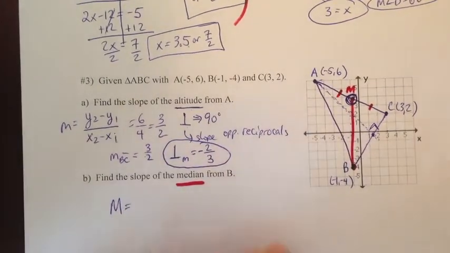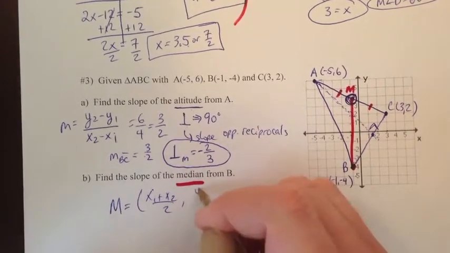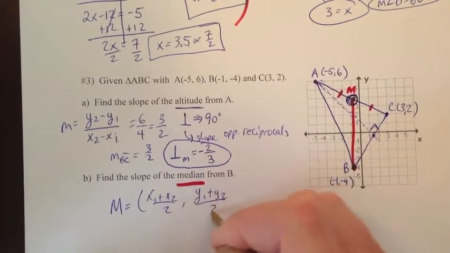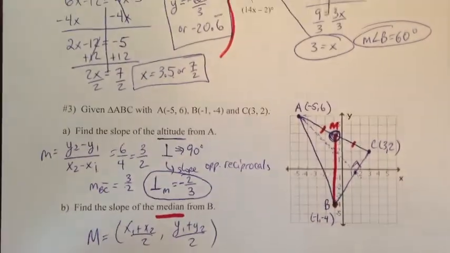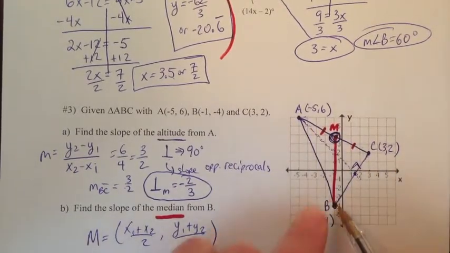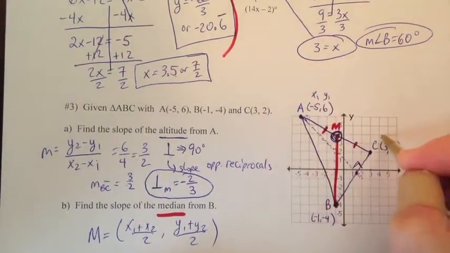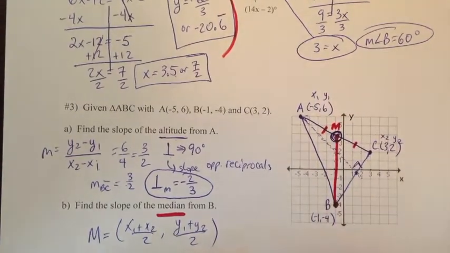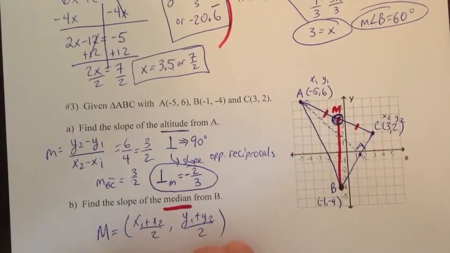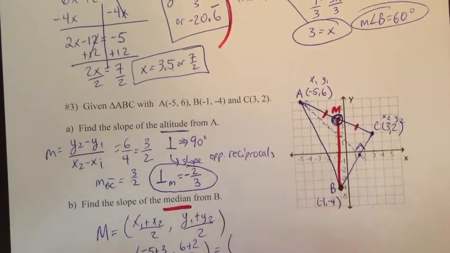So midpoint, capital M, x1 plus x2 over 2, comma, y1 plus y2 over 2. We're doing the midpoint of AC, of this segment. I'm not using the B here, not yet. So I'm going to label this x1, y1, x2, y2. So midpoint is add the x's, negative 5 plus 3 over 2, add the y's, 6 plus 2 over 2, and now we simplify.